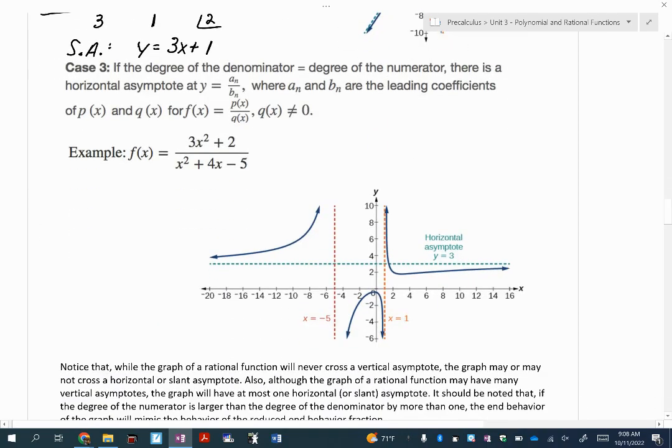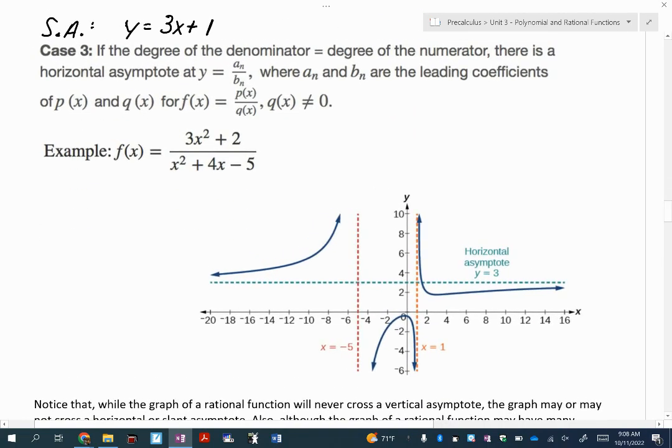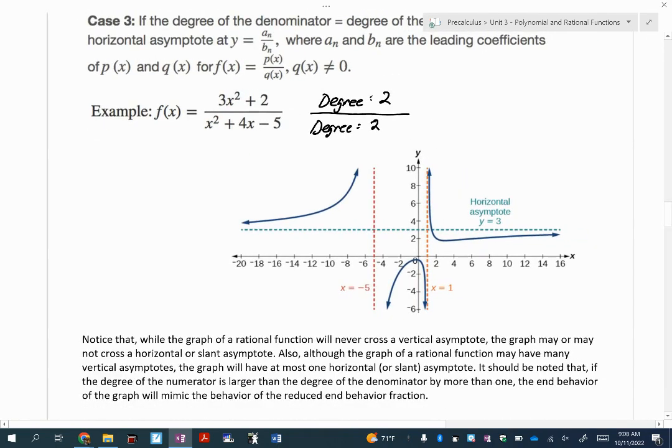Okay, let's do the last case, which is really, in my mind, the second case. What happens if the degrees are the same? So in this case, your degree of the top is 2, and your degree on the bottom is also 2. If they're the same, then you do have a horizontal asymptote, and it's equal to the leading coefficient of the top.